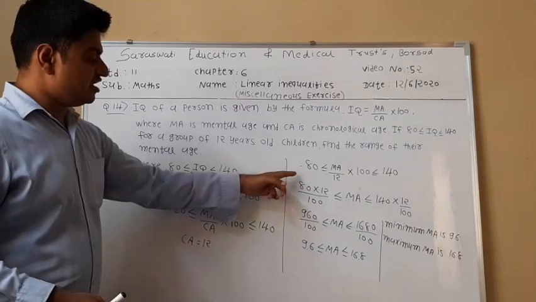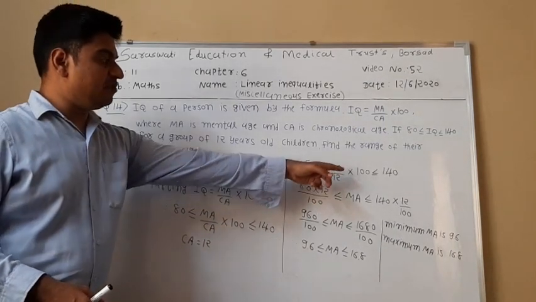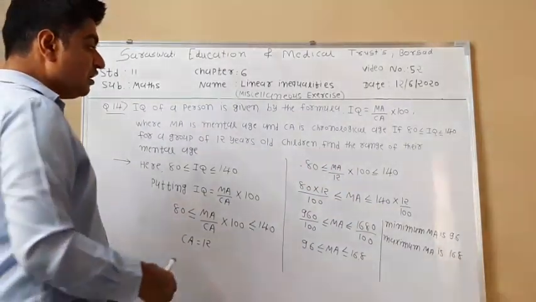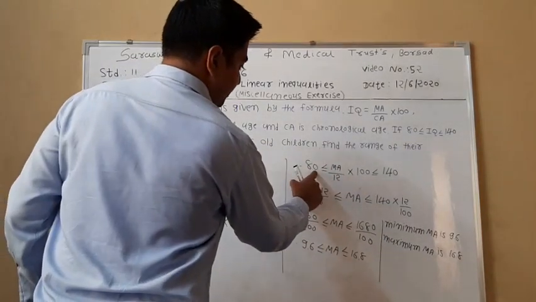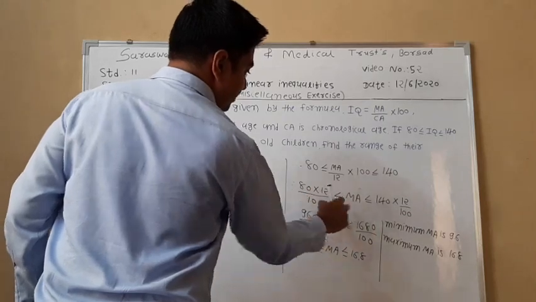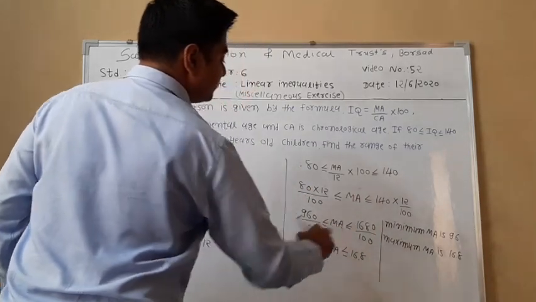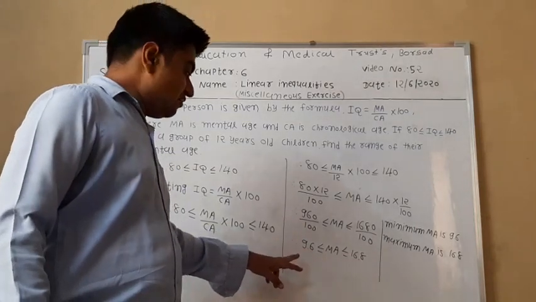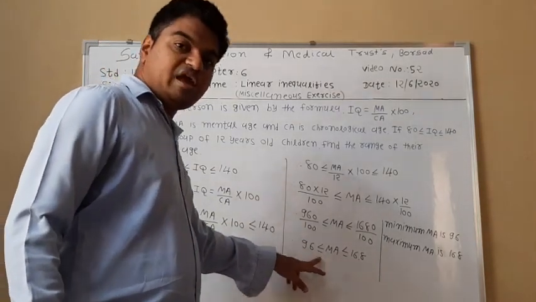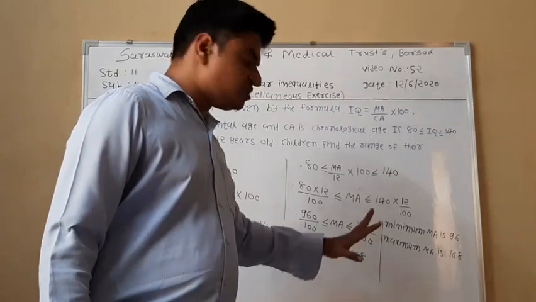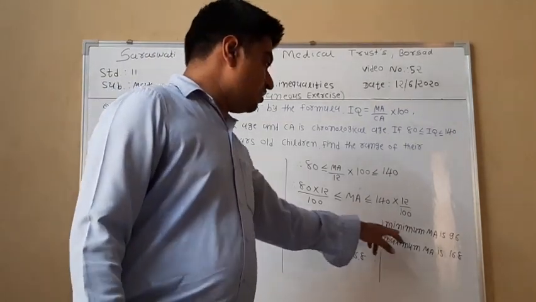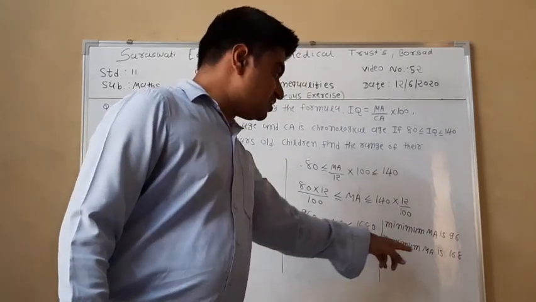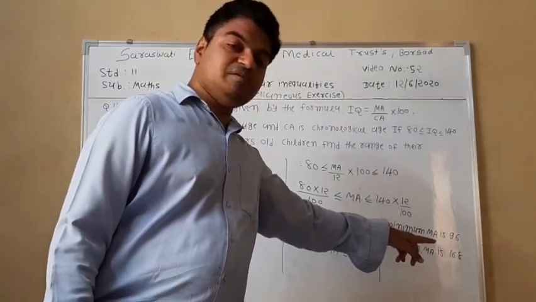So therefore 80 less than equal to MA by 12 multiply 100 less than equal to 140. Now multiply by 12 and divide by 100 on both sides. Now simplify this term. So here we get, calculate this term, 9.6 less than equal to MA less than equal to 16.8. So the minimum value of MA is 9.6 and the maximum value of MA is 16.8.